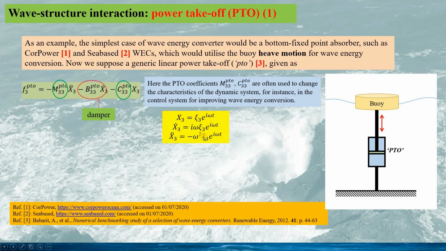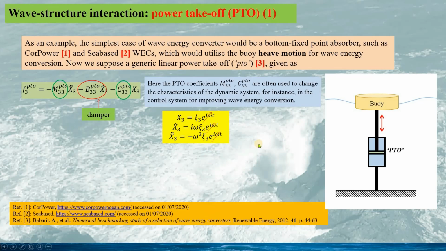In the time domain, the motion x3, the velocity x3 dot, and the acceleration x3 double dot are given as this. And we can see here the velocity has a phase difference of 90 degrees with the motion, and the acceleration has a phase difference of 180 degrees, indicated by the negative sign here.